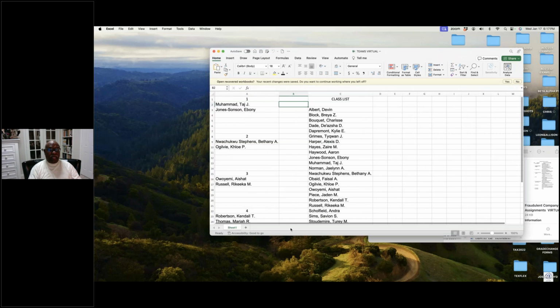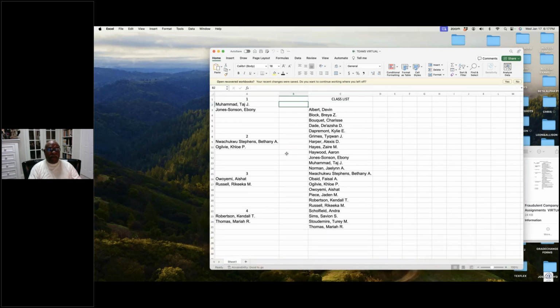Here are the teams. There are to be five people on each team. I put in team leaders. The first person is the team leader. The second person is the co-lead.